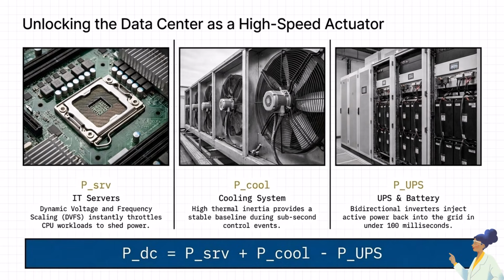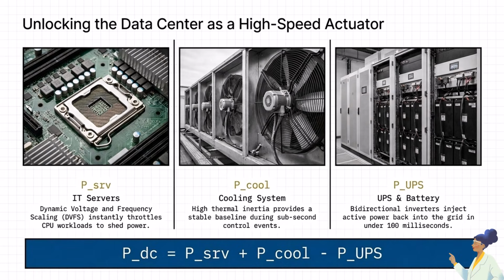Second, the cooling system, P_Cool. Cooling systems have high thermal inertia. They react slowly over minutes, meaning they provide a stable baseline power during the events we care about.